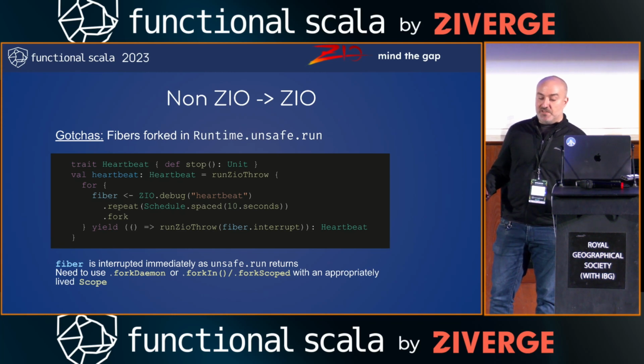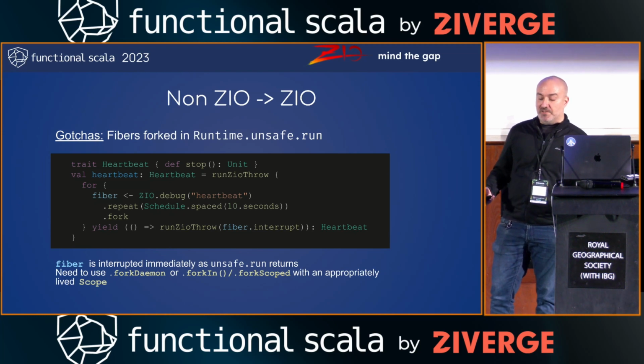So in this flow, I'm forking a fiber and just running forever, repeating every 10 seconds, printing heartbeat. But as it's written right here, the fiber will be interrupted immediately, because at the end of unsafe run, its parent fiber dies, so the fiber will be interrupted.